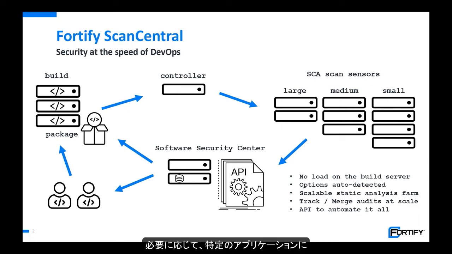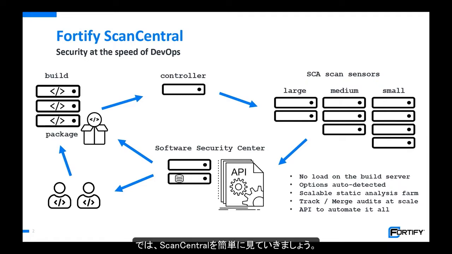We have pools so that you can denote that certain scanning sensors be used for certain applications if that is necessary. And SSC provides the command and administrative interface to monitor the queue, grab log files, ensure the health of sensors, add new sensors, things of that nature.